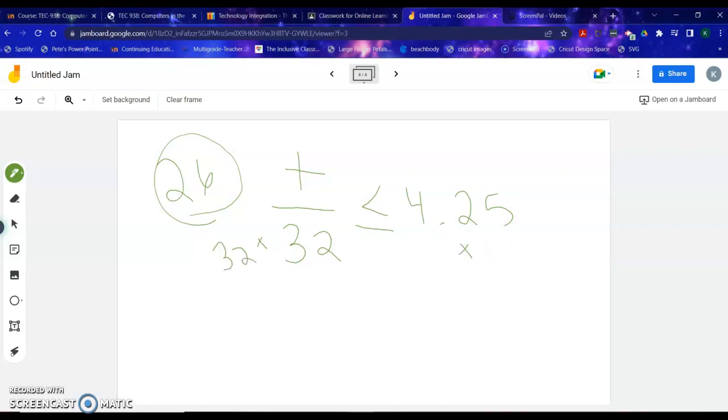Multiply this side by 32, and you're going to be left with t is less than or equal to, let me do it on my phone here, 4.25 times 32, which is 136. So those are your answers for the homework for Mr. Geis for lesson 7.7.